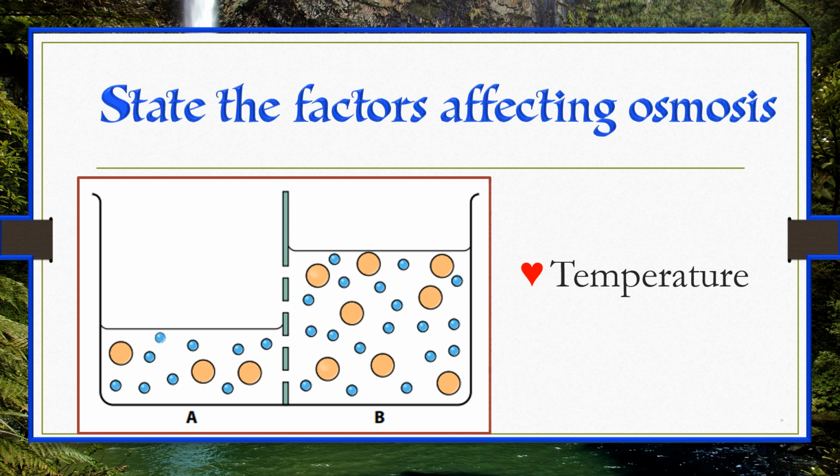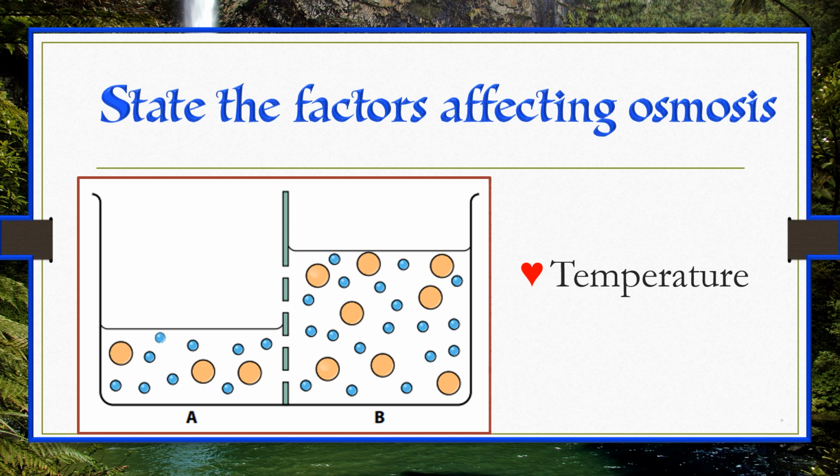And we apply heat on side A. If we apply temperature on side A, that temperature is going to provide kinetic energy to the water molecules, and these water molecules will now move faster.